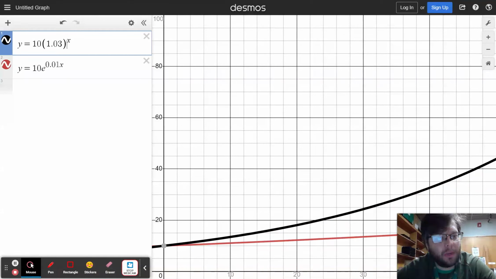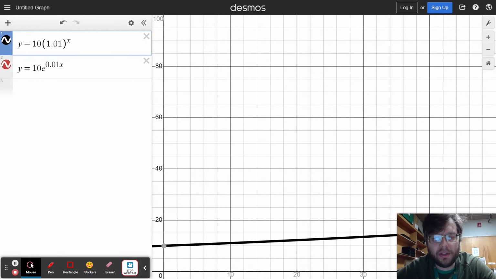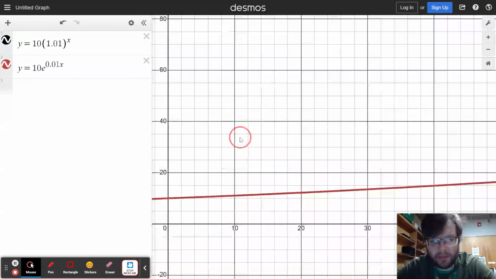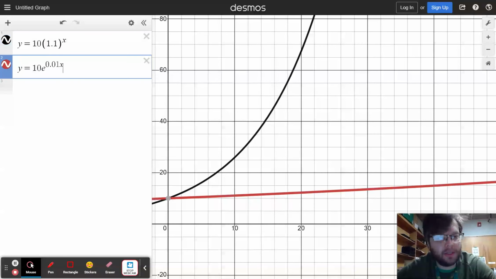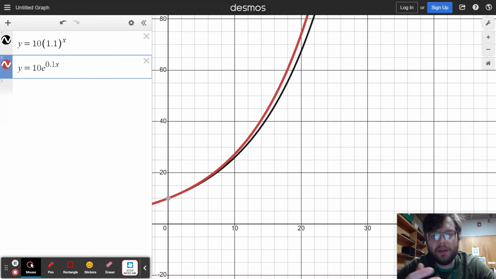And if I change it to 1% growth, they're even closer together, to the point where you can't really tell any difference between them anymore. So e actually works best as an approximation when the r value is small. When the r value is big, like say 10% growth, then there's a more clear divergence between the two of them.